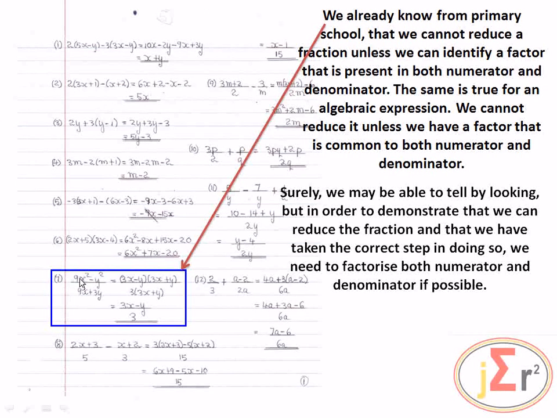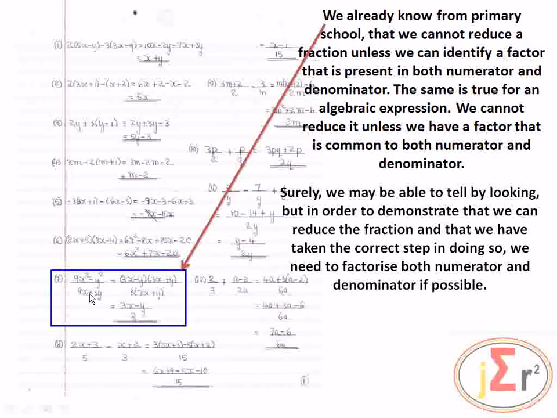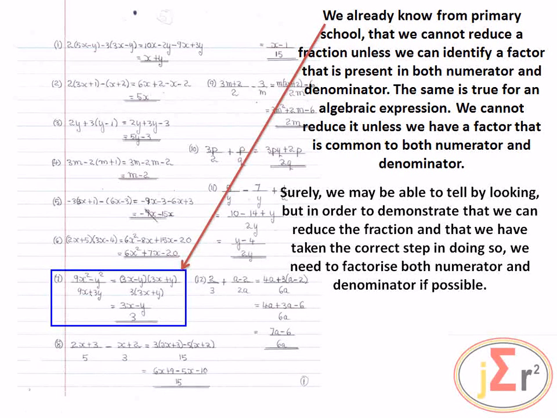But this 9 here is not a factor of the entire numerator, and this 9 that we have here is not a factor of the entire denominator. The fact that we have 9 present in the numerator and 9 present in the denominator does not make the 9s factors of either numerator or denominator. And because they are not actual factors of the numerator and the denominator, then you cannot reduce by a common factor of 9.